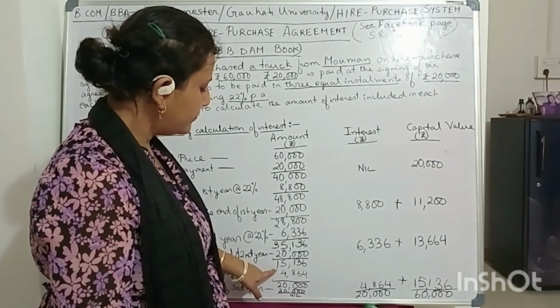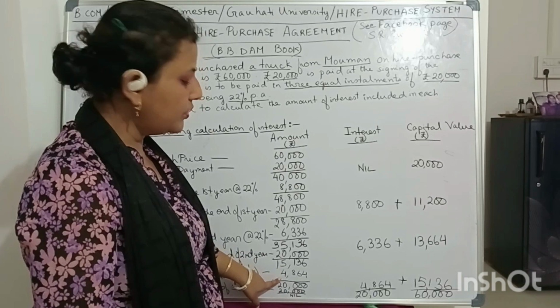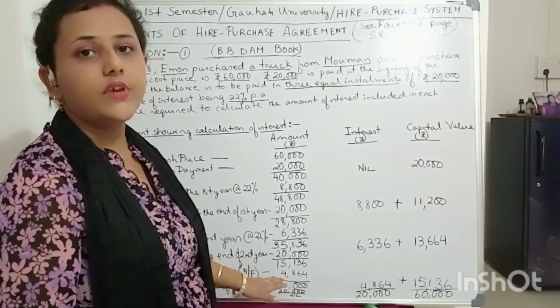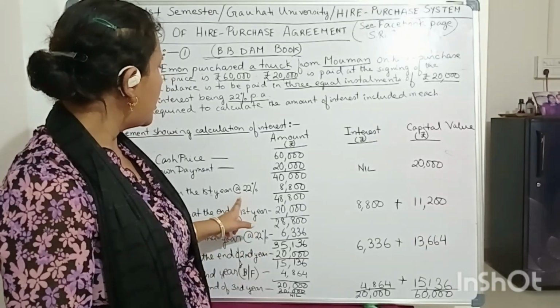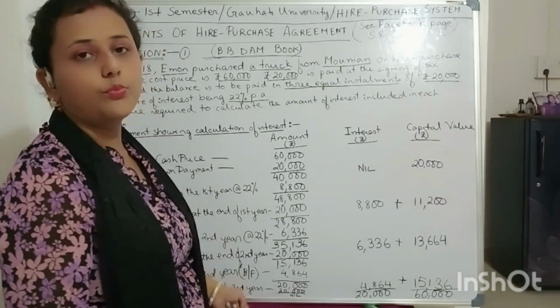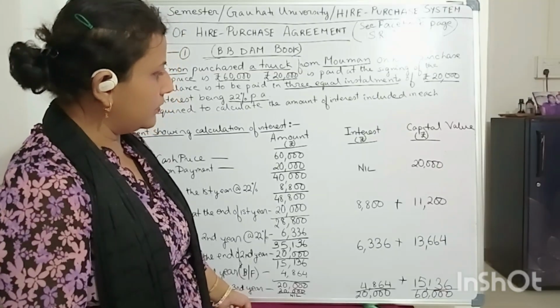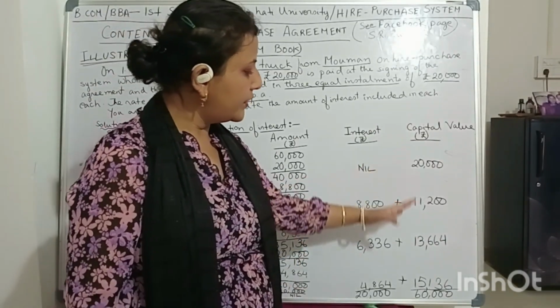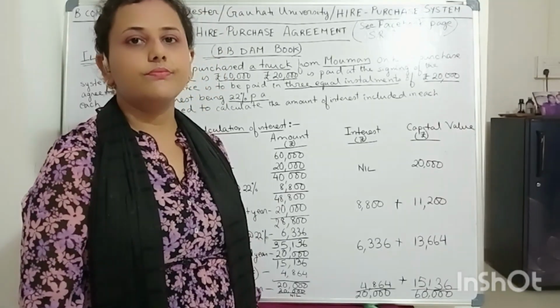This value minus this value, you will get the last year's interest value. Otherwise you have to calculate it by applying the rate of interest formula. So you have to take out the interest this way, you have to take out the capital value.